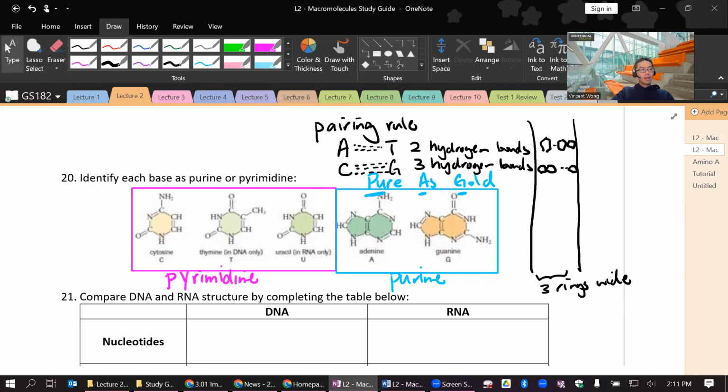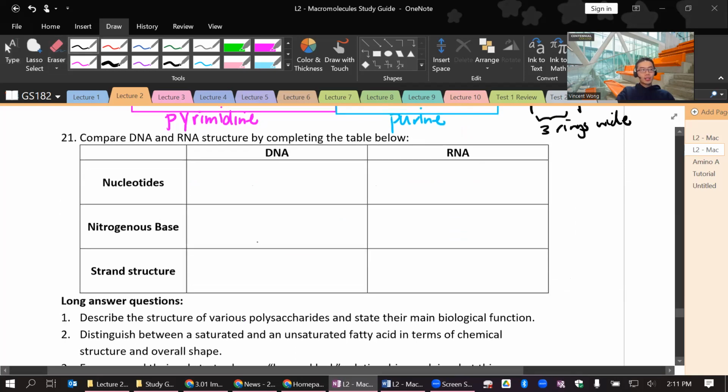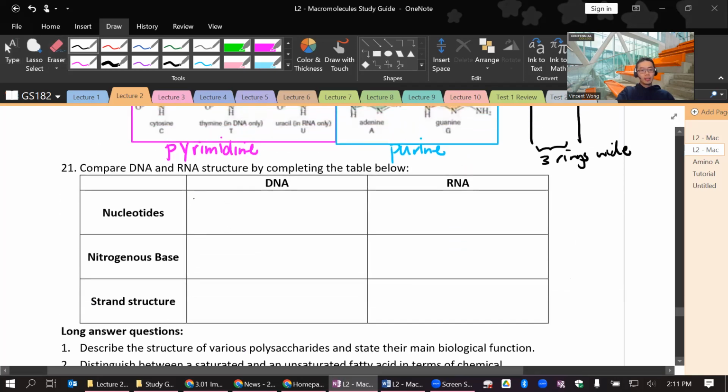Okay. So the last part here, compare DNA and RNA. The nucleotides that we talked about, the DNA has, again, phosphate group plus the deoxyribose, the sugar missing an oxygen, and then plus nitrogen base.